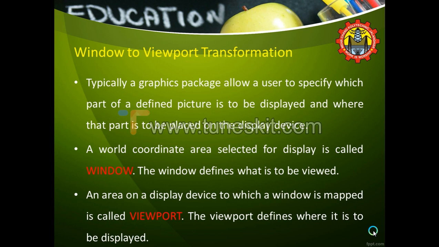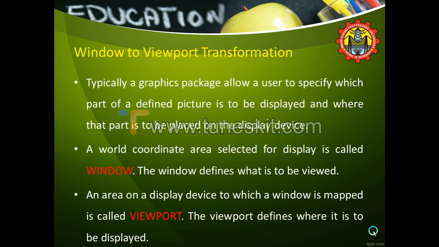So this is called window to viewport transformation, right? Every graphics package allows a user to specify which part of a picture is to be displayed and where that part is to be placed.